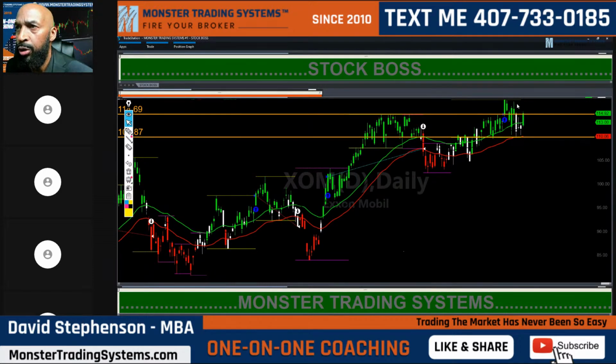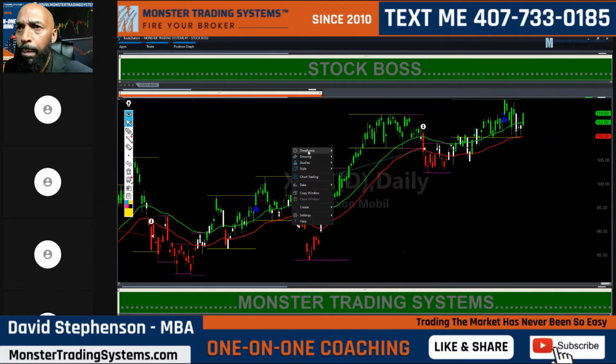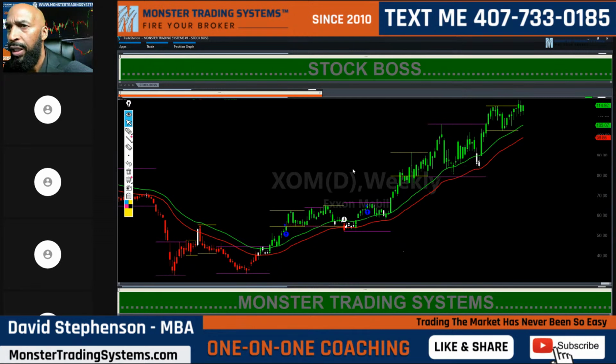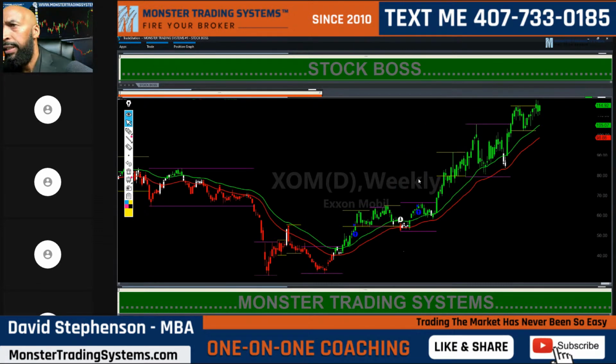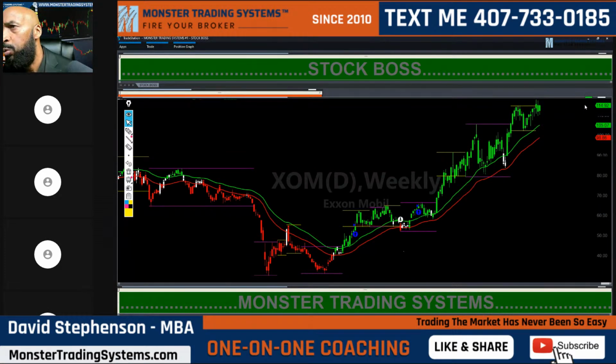If markets hold, you could break the high. Let's take a look at the weekly just to see. All right, weekly looks good. Look at that. Buy signal on the weekly came in at 63. It's at 114. Buyers are definitely in control. All green candles. Good job, Stella.